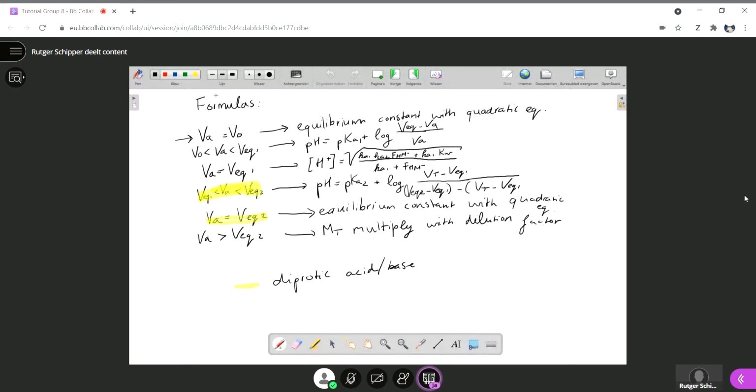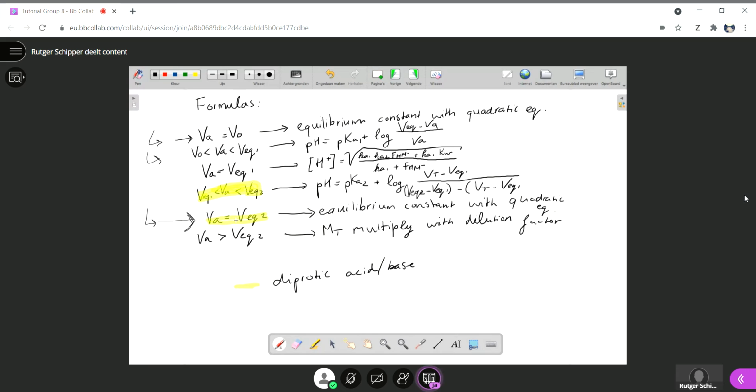So I've listed here all of the volume formulas. Maybe you can take a screenshot or whatsoever. So it's not this one. It's basically this one. So we discussed this one, we discussed this one, and now we get to this one.